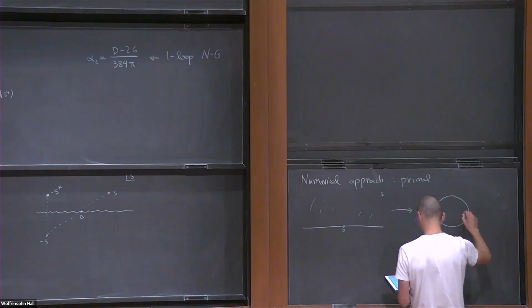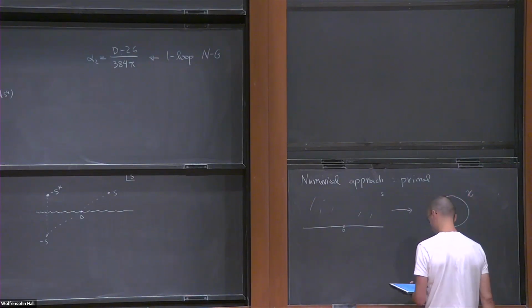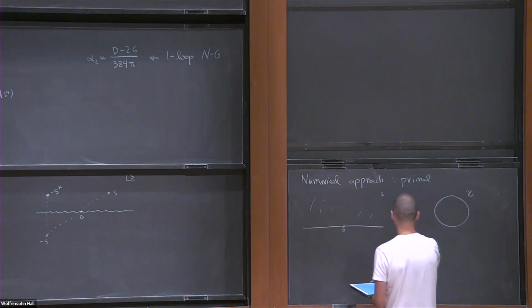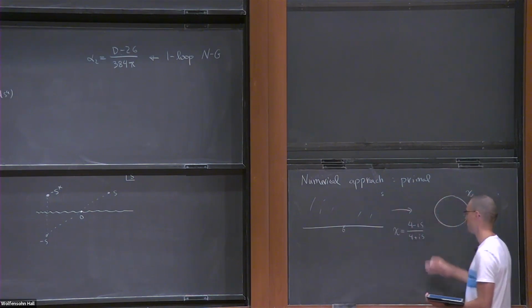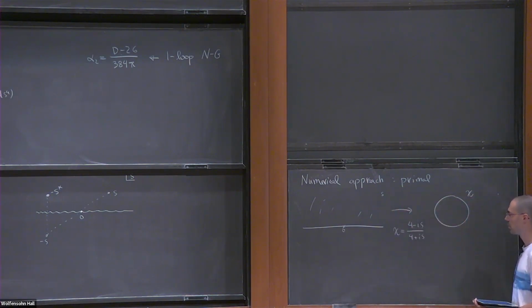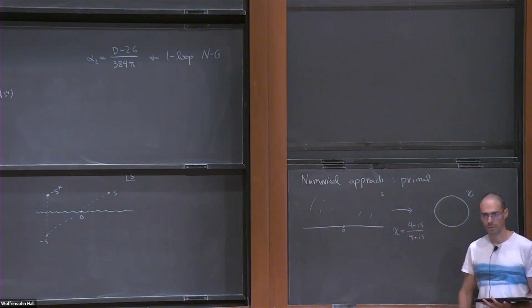Let me call that variable chi. This is the map, and we do it very explicitly. Here we chose this map, 4 minus is over 4 plus is. You could choose 1 instead of 4, but it was a bit better for our numerics to choose 4. This is not very important.